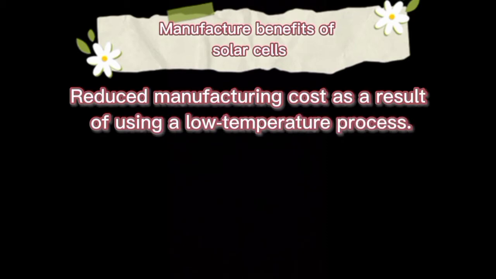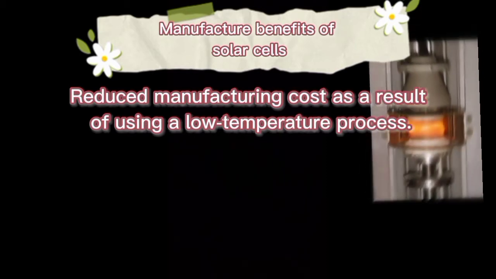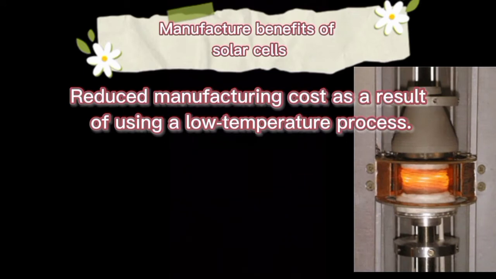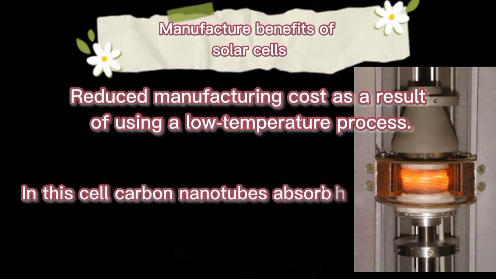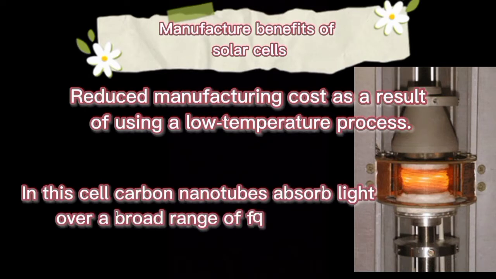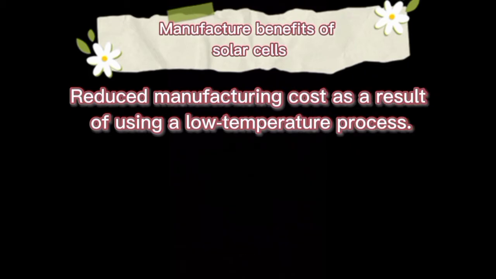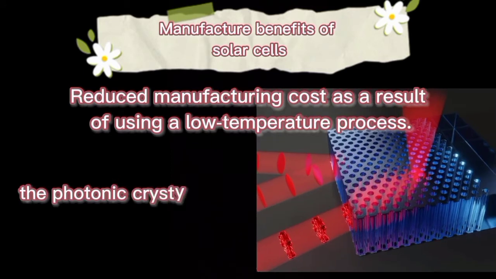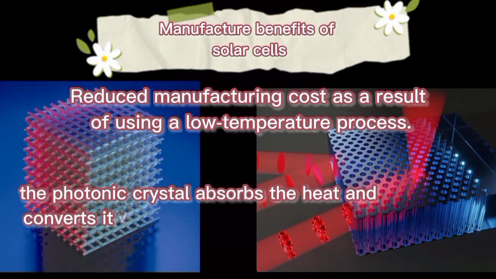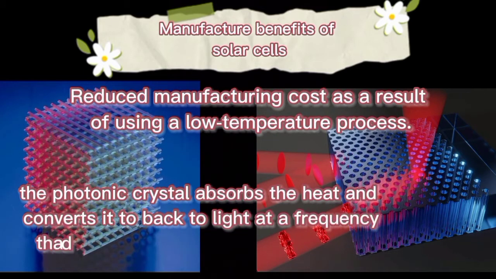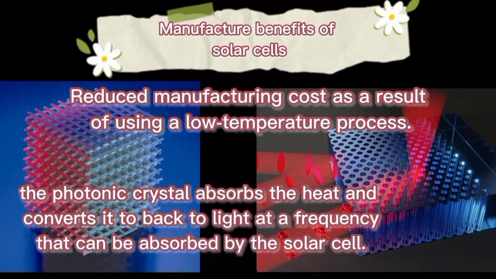Researchers at MIT have demonstrated a type of solar cell called thermophotovoltaic that could have much higher energy conversion than other solar cells. In this cell, carbon nanotubes absorb light over a broad range of frequencies and convert the light into heat. Then the photonic crystal absorbs the heat and converts it back to light at a frequency that can be absorbed by the solar cell.